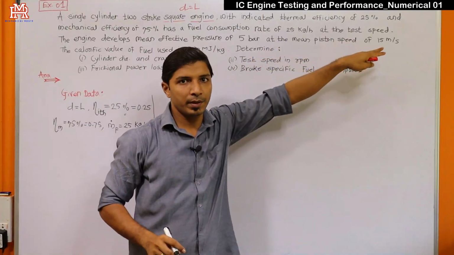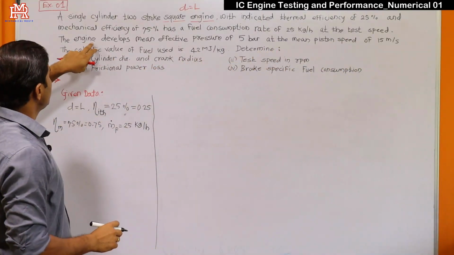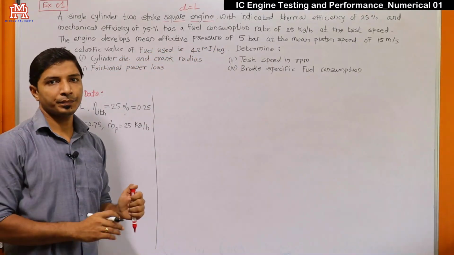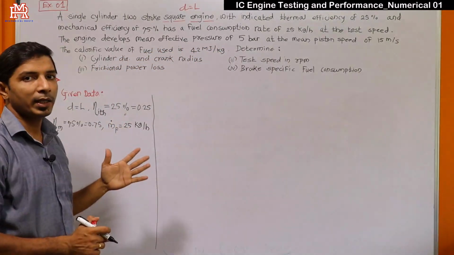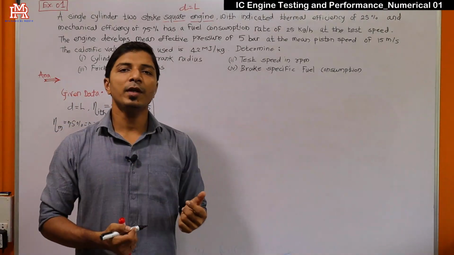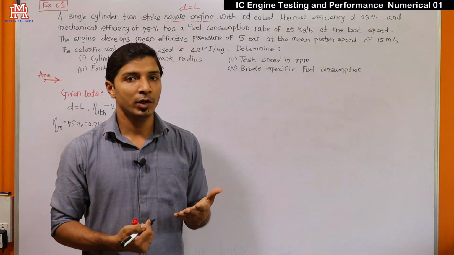at the test speed. The engine develops a mean effective pressure of 5 bar. Now we know that in mean effective pressure there are basically two types, indicated mean effective pressure and brake mean effective pressure.